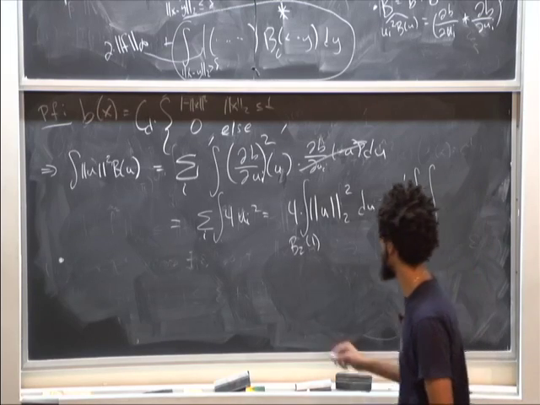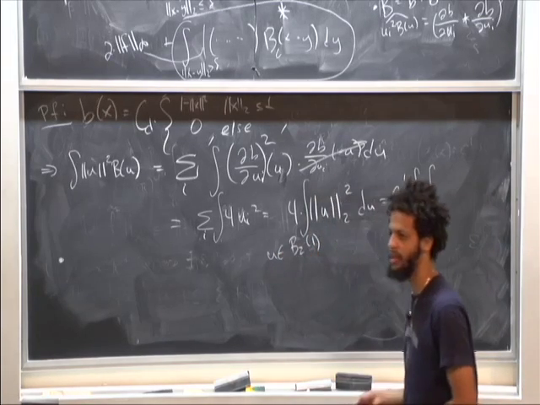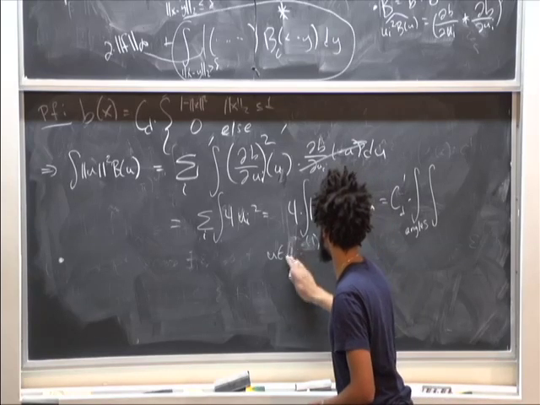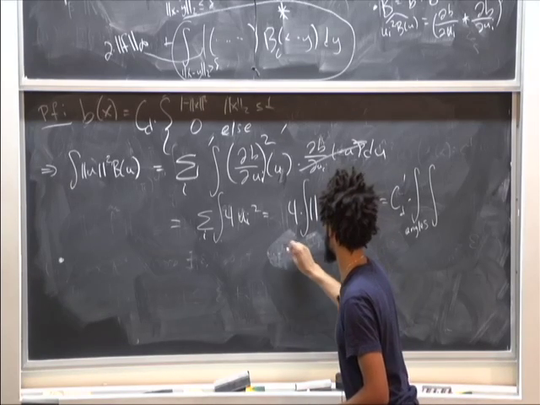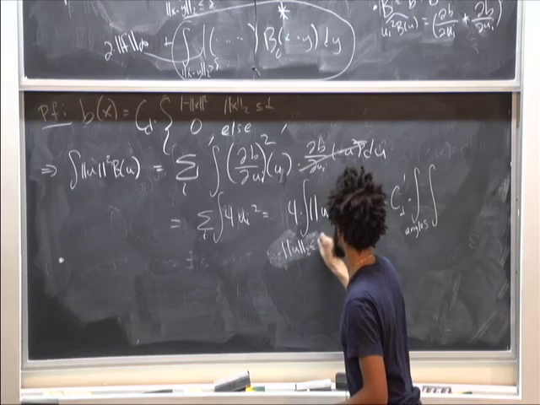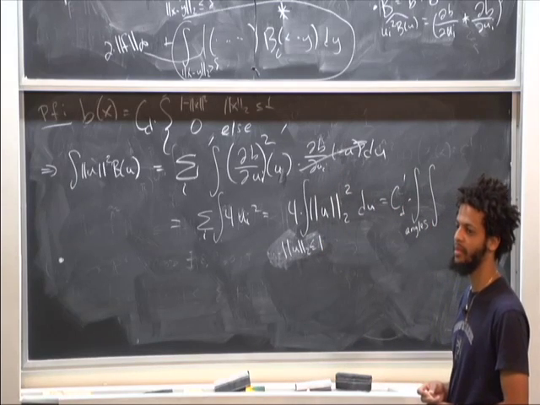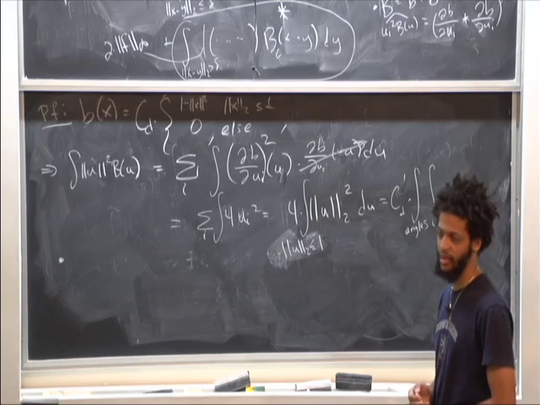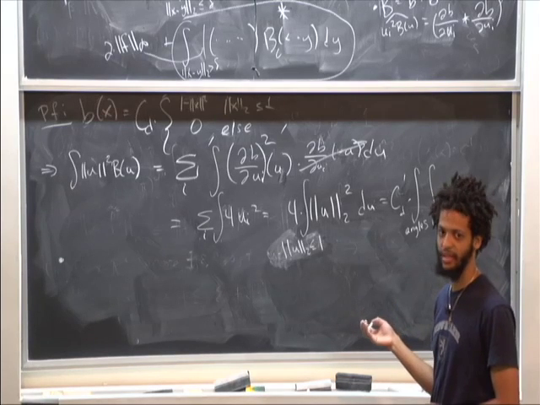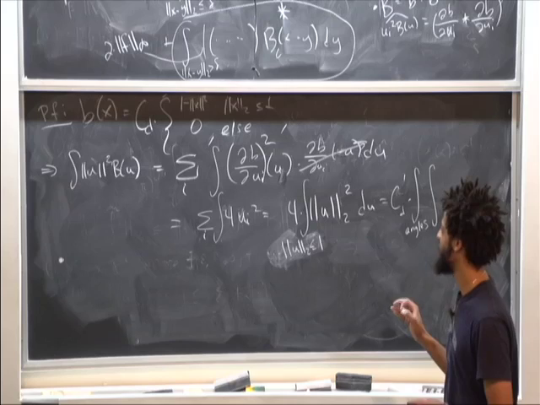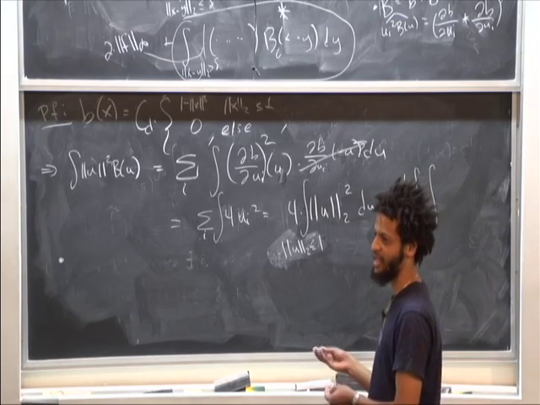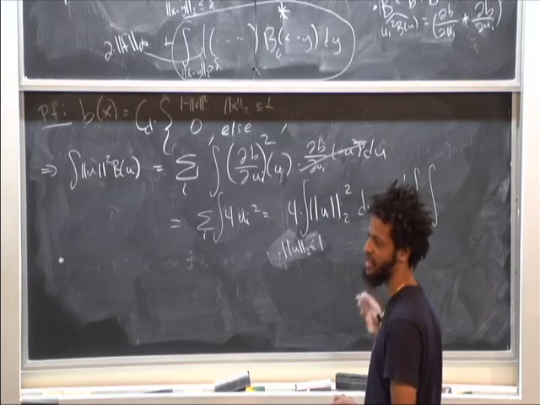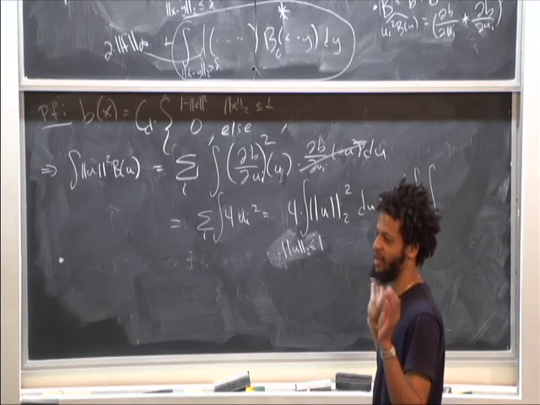Inside, yes, u is inside the ball. Do we have a formula for the surface? Yeah, there's a formula. But okay, you could write down explicitly what this thing is, but you don't even need to do that. I'm going to show you that without even knowing what that formula is.